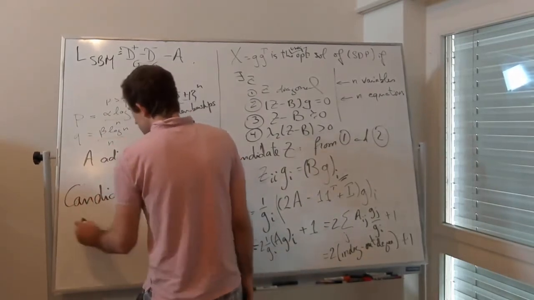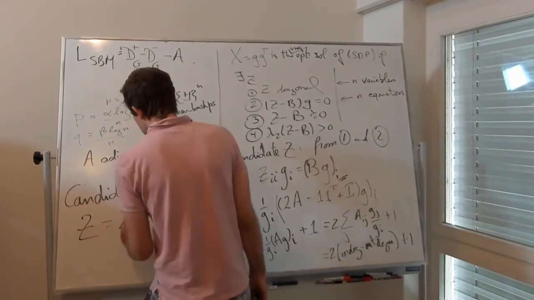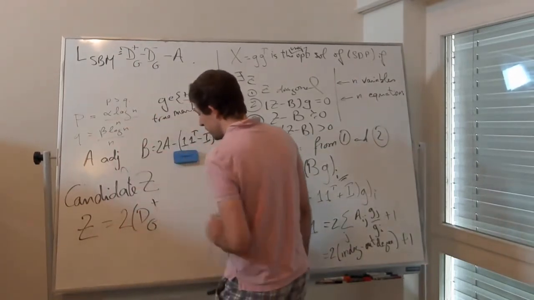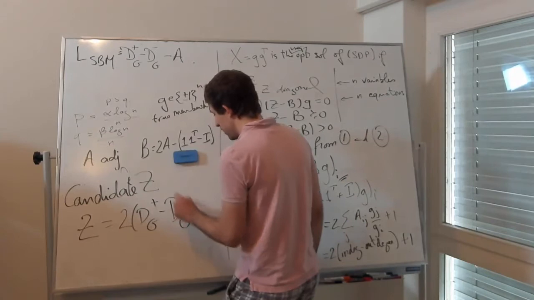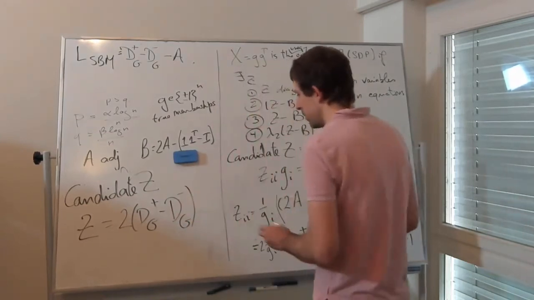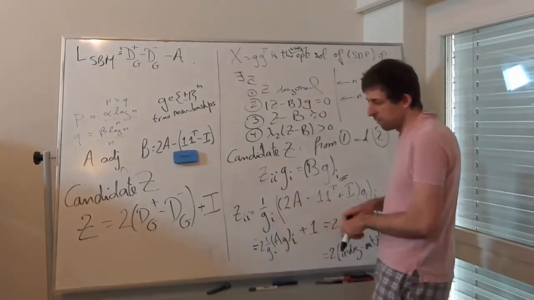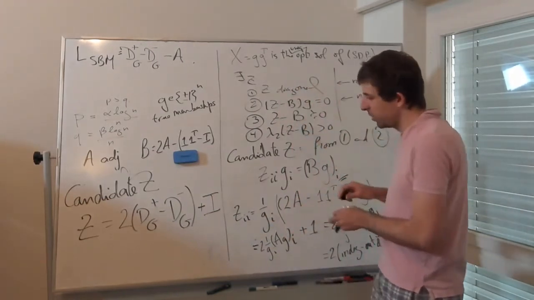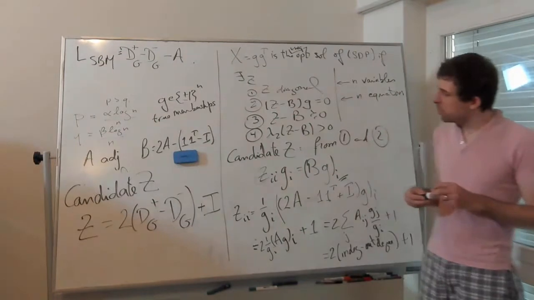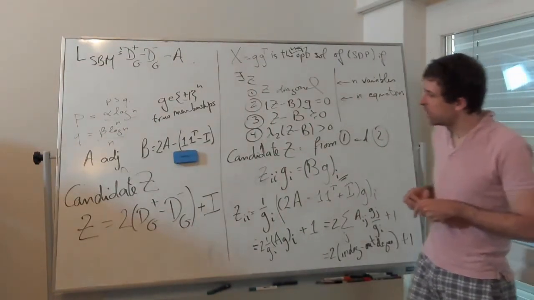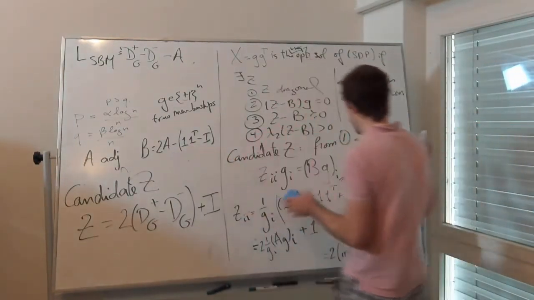The candidate Z is equal to 2 DG plus minus DG minus plus identity. So this is our candidate Z. It came from equations 1 and 2. Now what we have to do is to check if it satisfies equations 3 and 4.